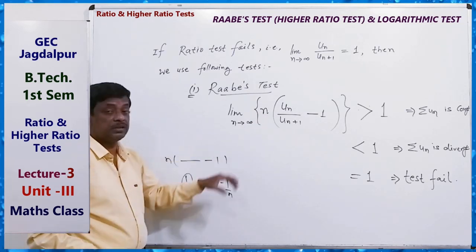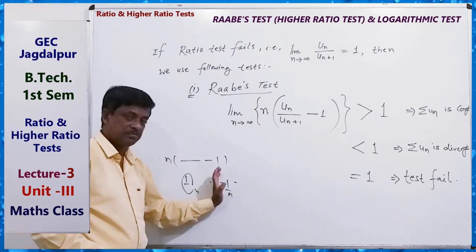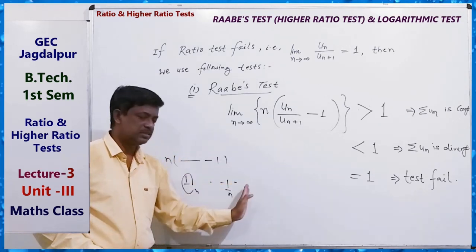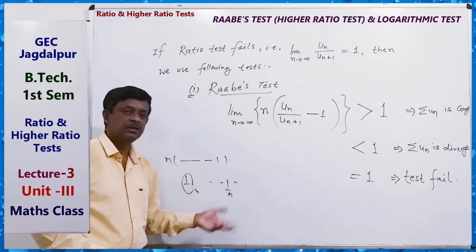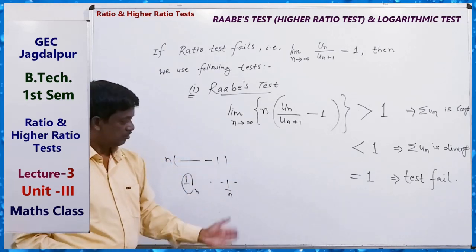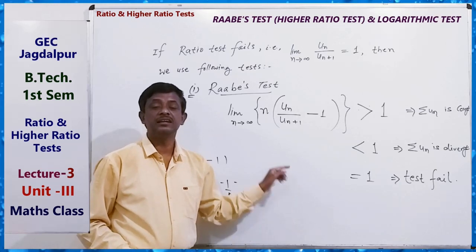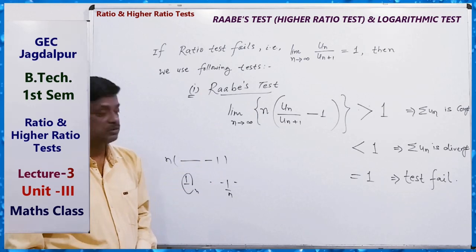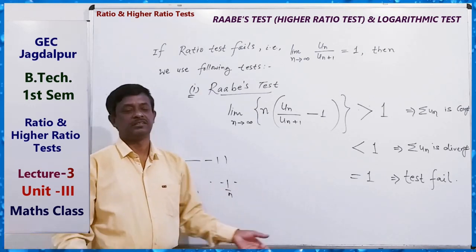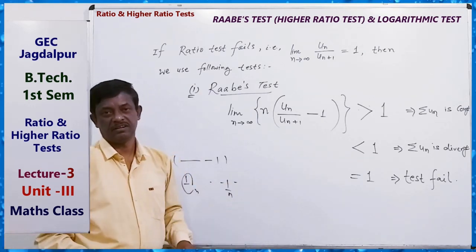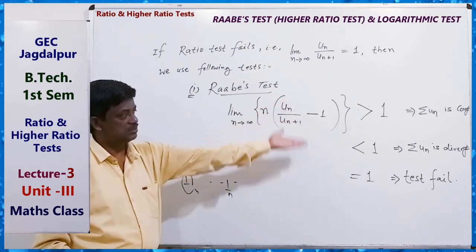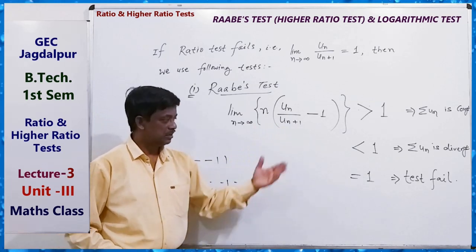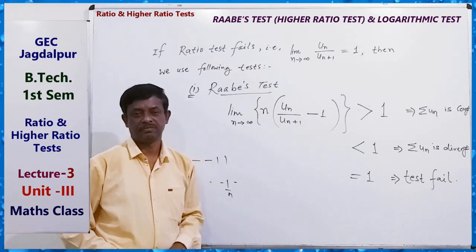After multiplication, if it can be expanded as a finite or infinite series, with the first term free from n and further terms having n in denominators, then we can use Raabe's test, because for finding the limit we can get the first term as the limit and compare like this. If the limit is greater than 1, convergent; less than 1, divergent; equal to 1, test fails. Clear?